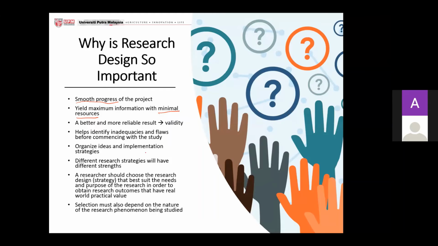And even from now, because this is the planning stage, you can already identify inadequacies and flaws before you start the study. At least you know already that this may become a problem, so in your head you're already aware.